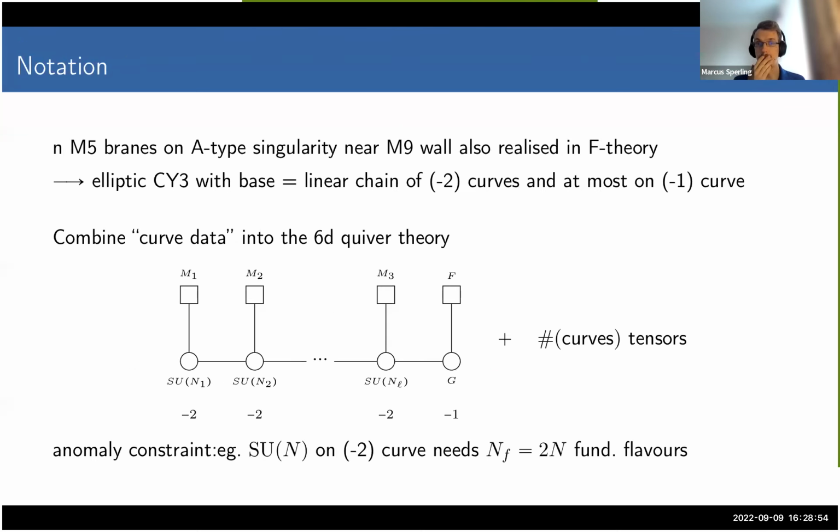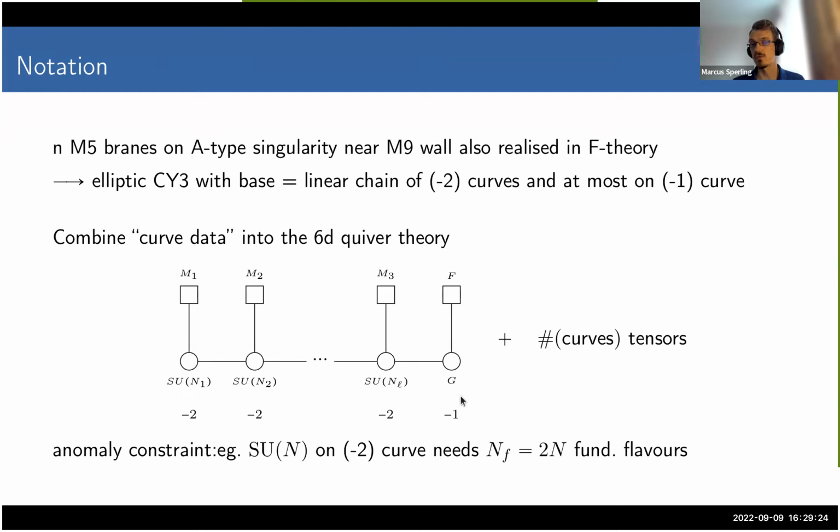Now, this is just some notation. We combine various types of information in a quiver, which I would like to say encodes all the information that we need to know about the field content. Basically, just for the expert maybe, you can realize the same thing in F-theory, in which you have an elliptic Calabi-Yau with a base composed of a linear chain of -2 curves and at most one -1 curve.